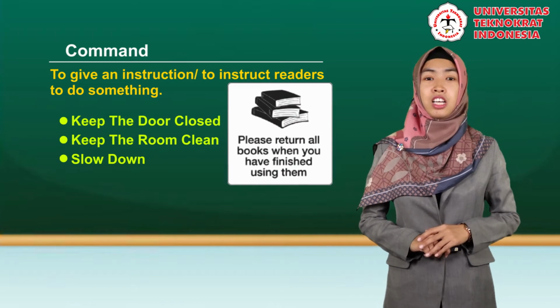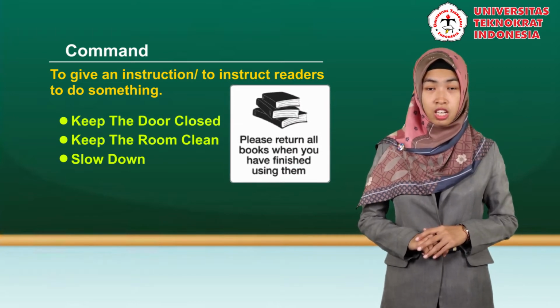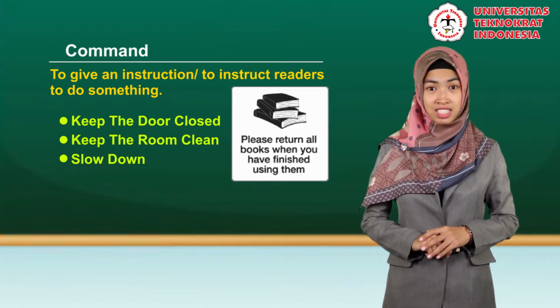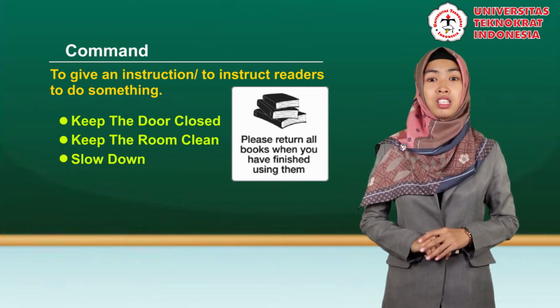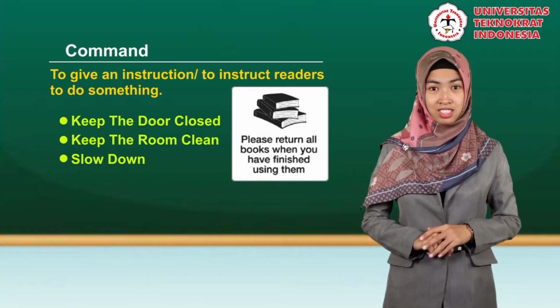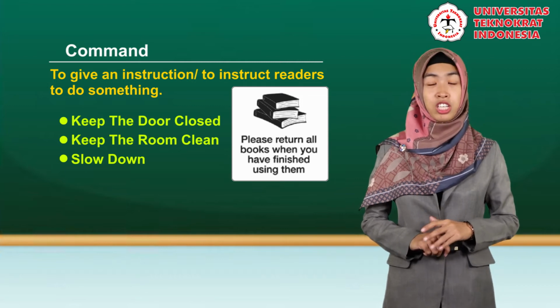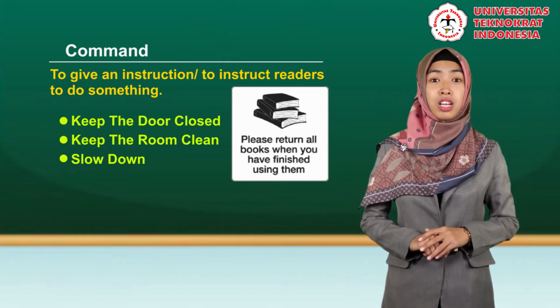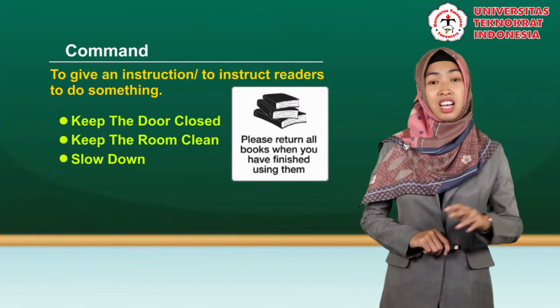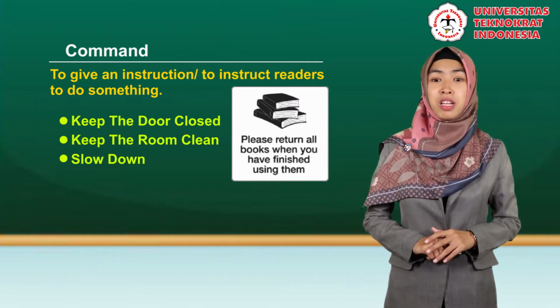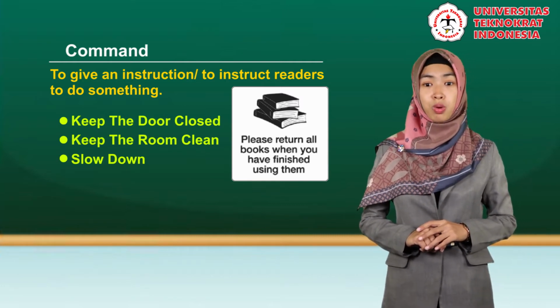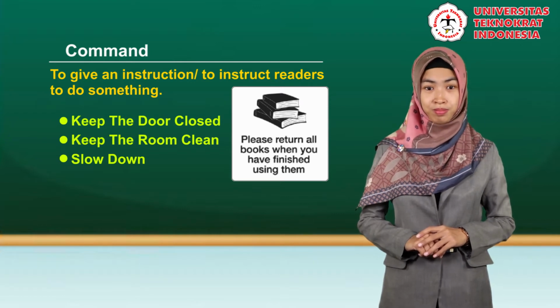For example, when you are in the library, you will find a notice that tells you keep silent, don't make any noise. Or even after reading a book, you will see a sign that tells you please return all the books when you have finished using them.